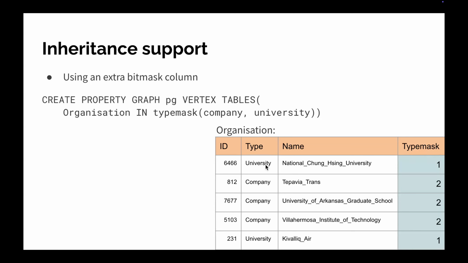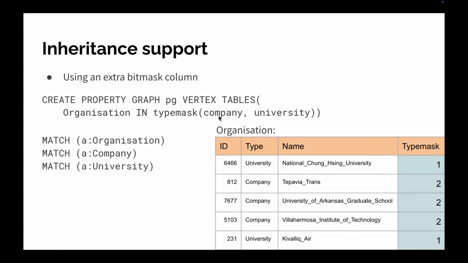For universities, the first bit is set, and for companies, the second bit is set. Then you can create a property graph over this, where you create it over the table organization, and you define the column that is the type mask, and the sublabels that correspond.